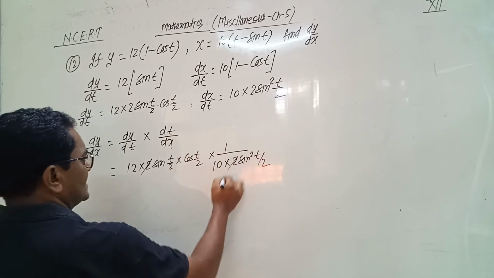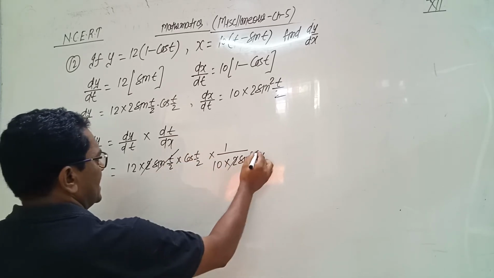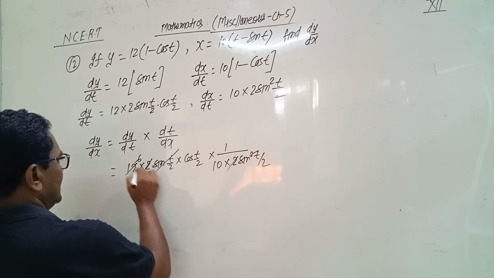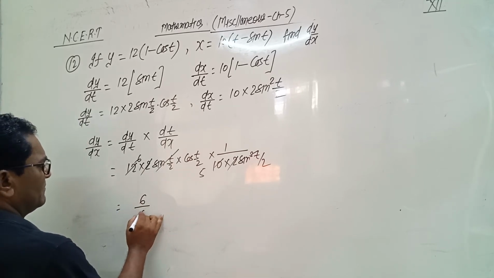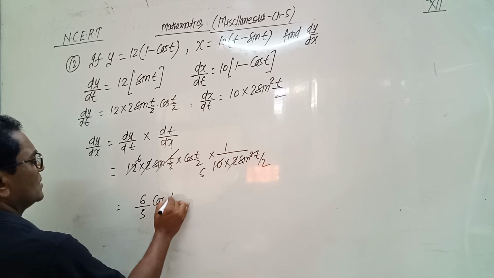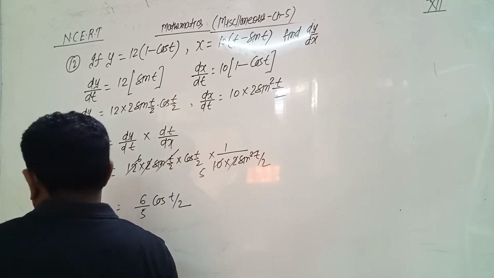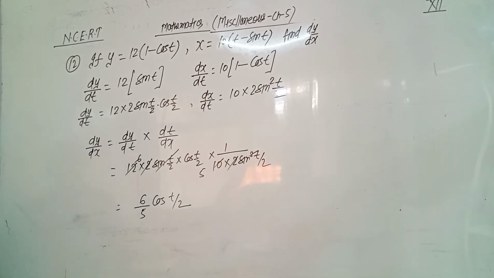So 2 gets cancelled, one sin t by 2 cancelled, this is 6, this is 5, and it gives 6 by 5 cos t by 2. So this is dy by dx, 6 by 5 cos t by 2.